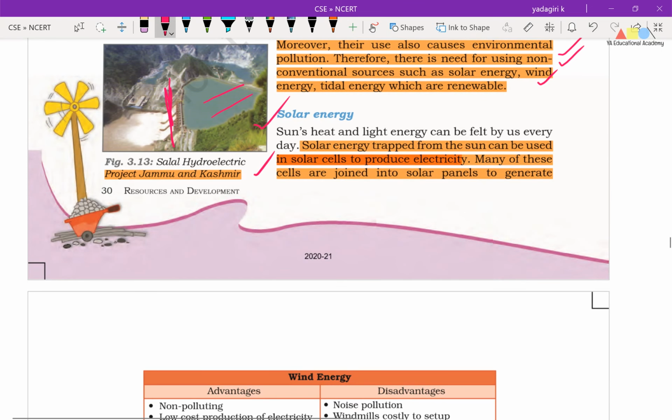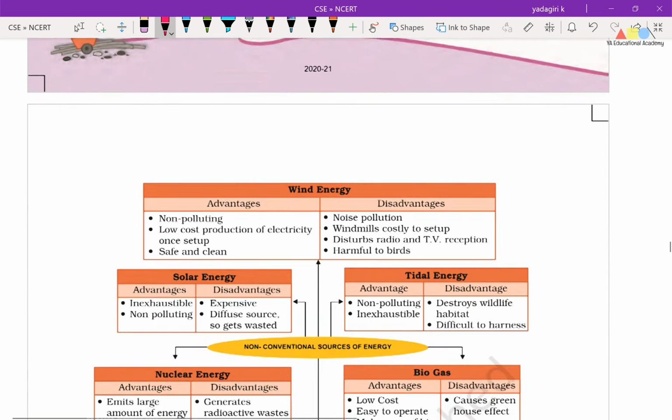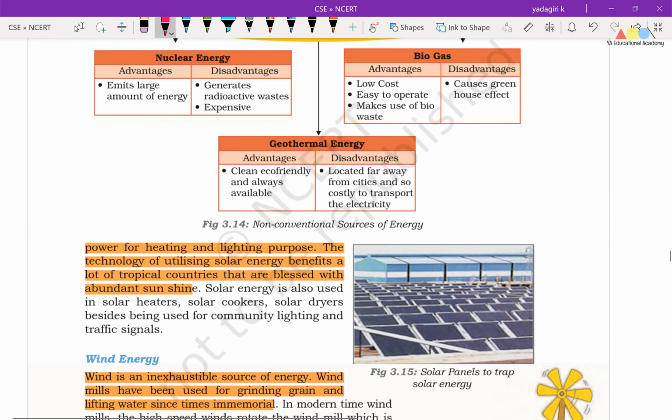Okay friends, the first and very important renewable energy resource is solar energy. Friends, solar energy tapped from the sun can be used in solar cells to produce electricity. Right friends, many of these cells are joined into solar panels to generate power for heating and lighting purpose.